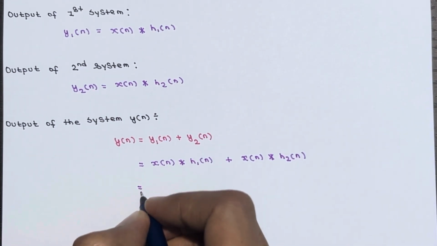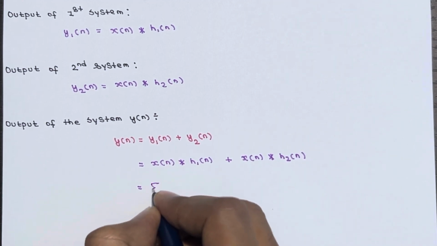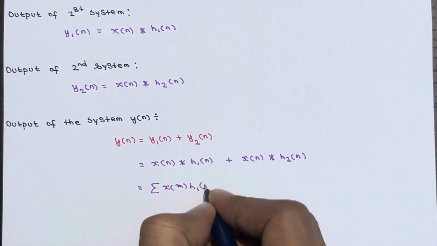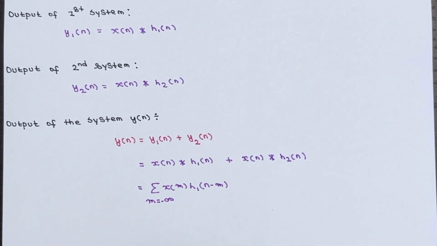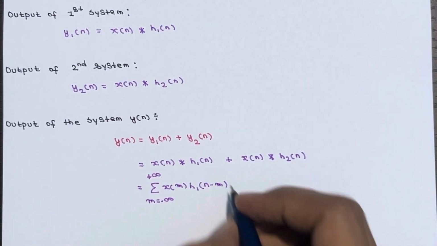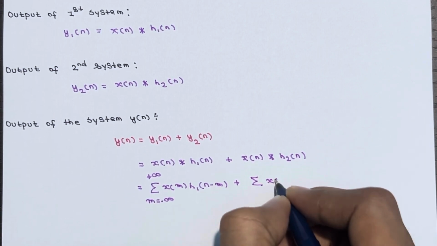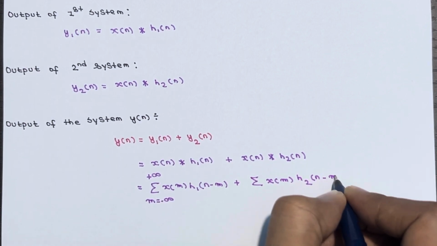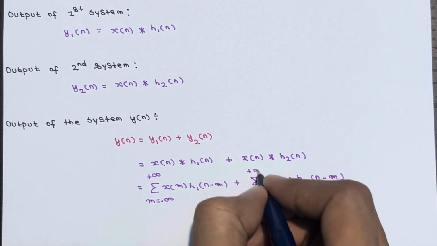We can write this as the summation of x of m into h1 of n minus m, where m ranges from minus infinity to plus infinity, plus the summation of x of m into h2 of n minus m, where m ranges from minus infinity to plus infinity.